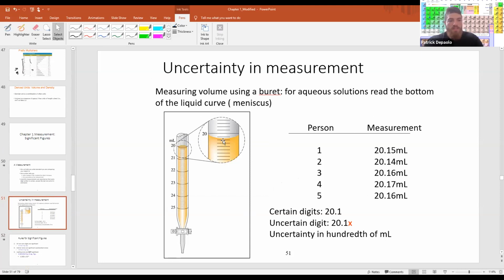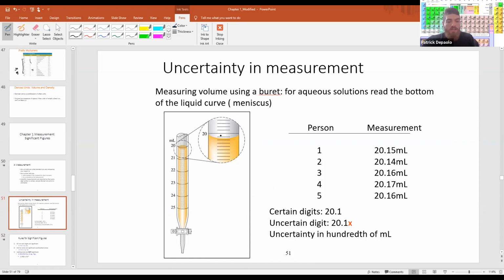So let's say the liquid level of this burette is right in the middle here. Every measurement has uncertainty. That's a given because we don't have infinitely precise instruments. But what we do have, we need to work with, and we can make very accurate estimates, and we can calculate our uncertainty from them.